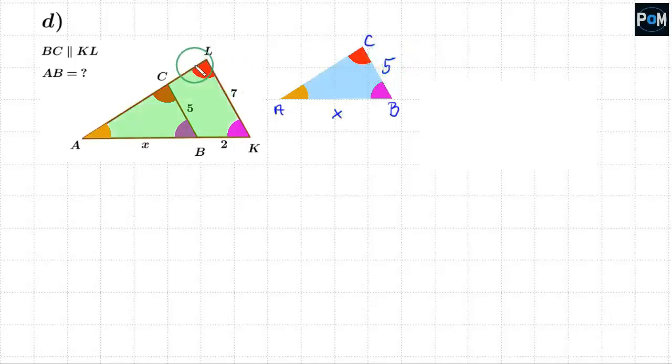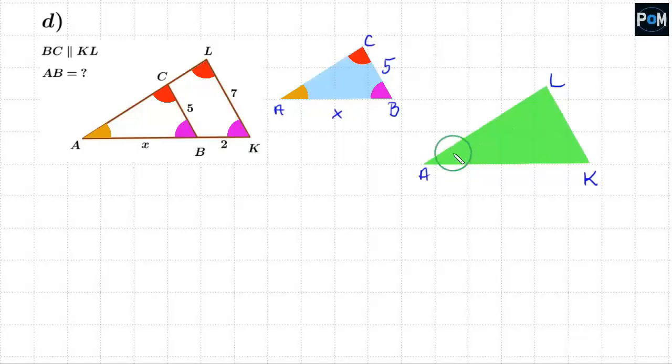Now I'll take another triangle. This large triangle AKL is a green triangle. I'll take it here and draw it. And what about the angles? In this place, I have this angle. This orange angle is also in this place. This is the purple angle, the same as this angle here. So at this point, I know these triangles are similar because I have two angles like this in one triangle and two identical angles in the other triangle.